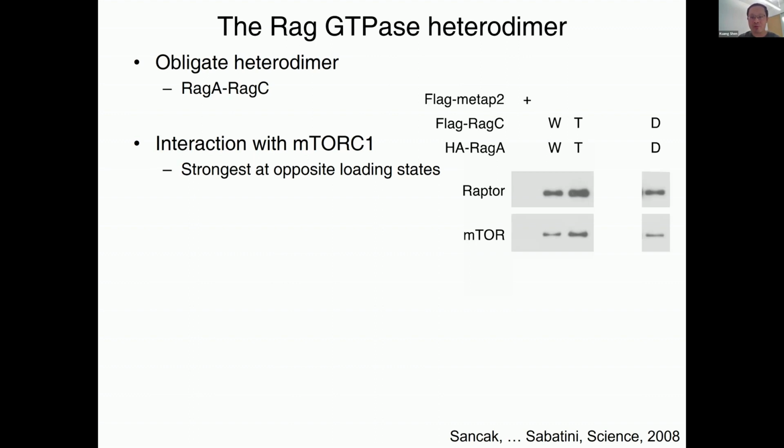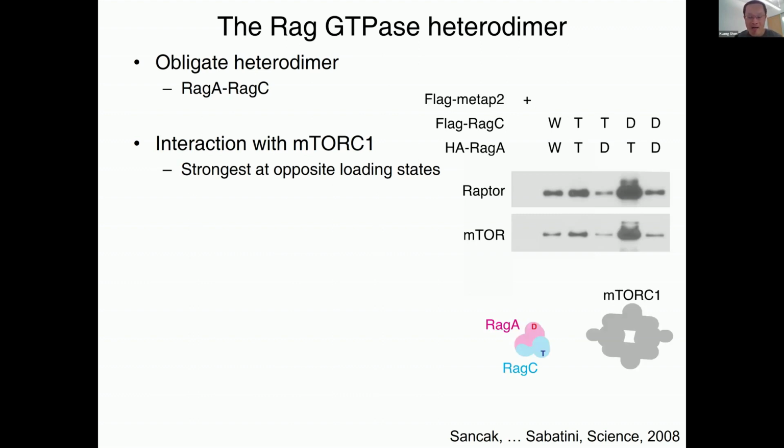We observe a very strong phenotype if we force Rag A and Rag C to bind to opposite, quote-unquote, nucleotide loading states. In the case of Rag A bound to GDP, a diphosphate, and Rag C bound to GTP, a triphosphate, we can see that it loses binding affinity to mTORC1 and pulls down a much smaller amount of mTORC1. However, when Rag A binds GTP and Rag C binds GDP, it strongly interacts with mTORC1 and pulls down a lot of this complex.